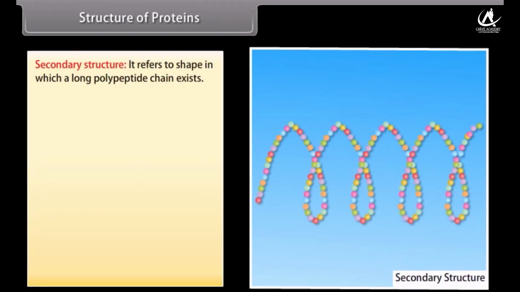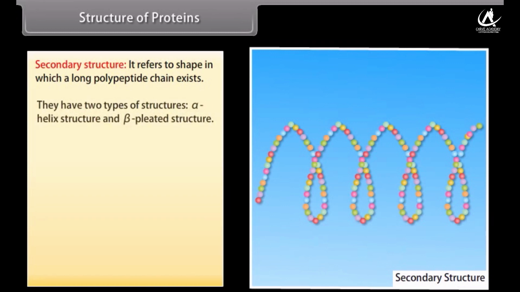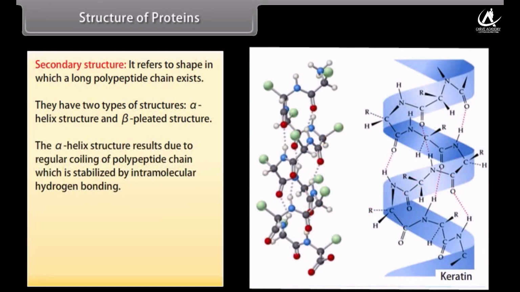Secondary structure. It refers to the shape in which a long polypeptide chain exists. They have 2 types of structures: alpha helix structure and beta pleated structure. The alpha helix structure results due to regular coiling of the polypeptide chain, which is stabilized by intramolecular hydrogen bonding.